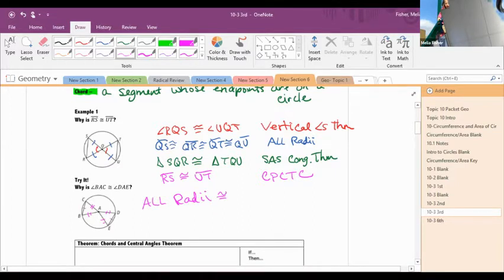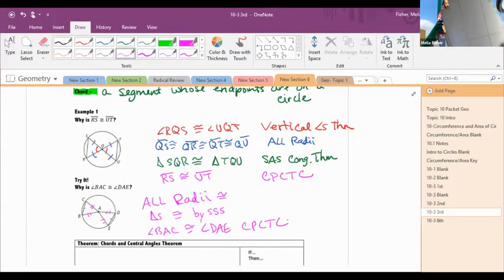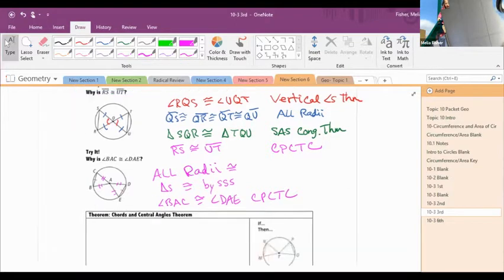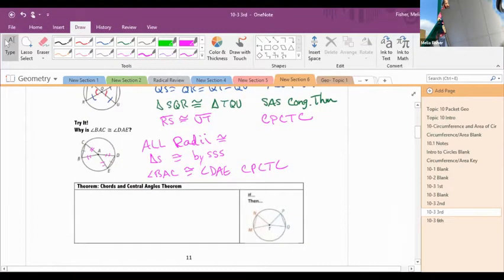They're all going to be congruent, right? So the triangles are congruent by side, side, side. And that means that angle BAC will be congruent to angle DAE by CPCTC. If you wrote something else, but it basically means the same thing, awesome. You did not need to write out anything exact here, but you did need to write something for that triad.